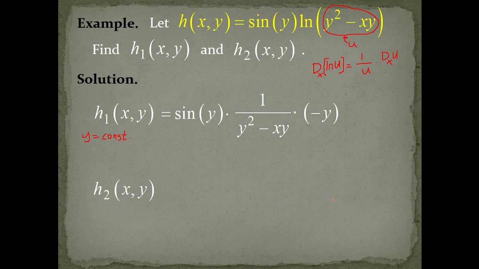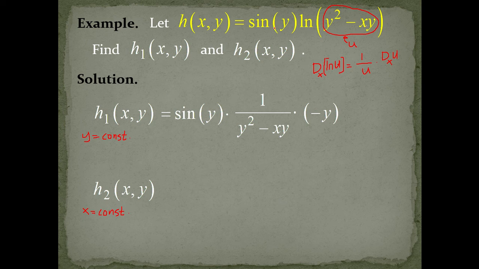Then the second part is the derivative of the function with respect to y. So this time, x is treated as a constant. If x is constant, what will happen?